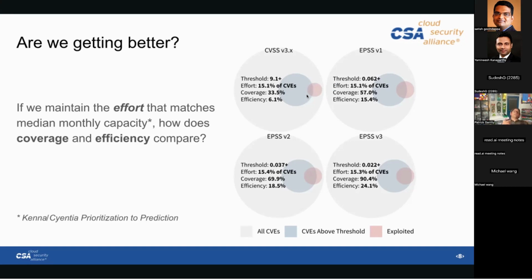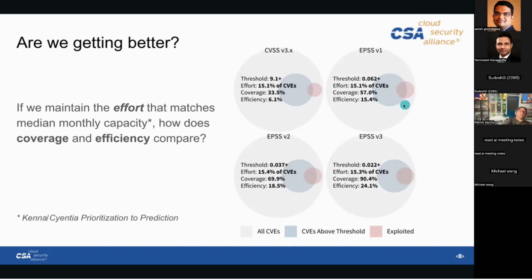If we look at the different versions of EPSS, first came out in 2020, and then there's been a new version in 2022 and 2023. We can see progression where, initially with the same exact work effort as using CVSS 9.1, we're actually able to get significantly more coverage of things that were exploited over the next 30 days.